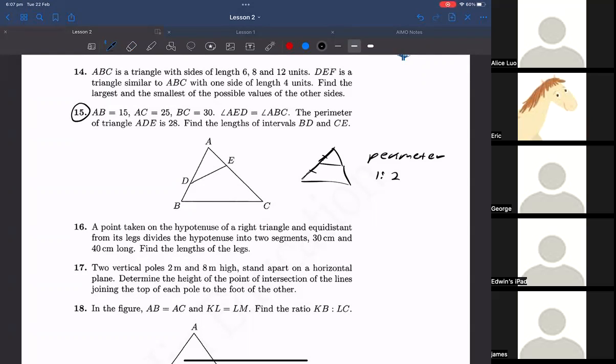Because you know it's a similar triangle and you know the perimeter ratio is 1 to 2, then all the sides are in ratio 1 to 2, because they're similar triangles and all sides are in the same ratio, okay? But first step, you have to prove that there are similar triangles in this diagram.